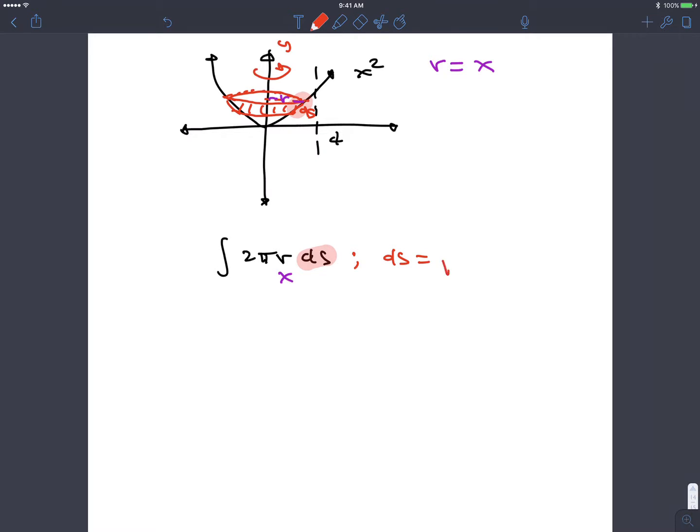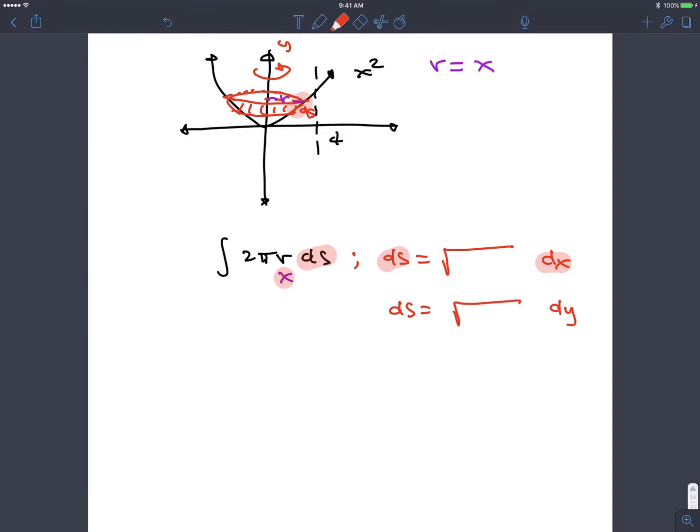The one that gives me a function of x, right? Here's a dx version. I have another version that gives me a function of y. Which do I use? The one that gives you a function of x. That's the ds you use. Why? Because you've got a function of x right here. There's an x there. That's your new radius.